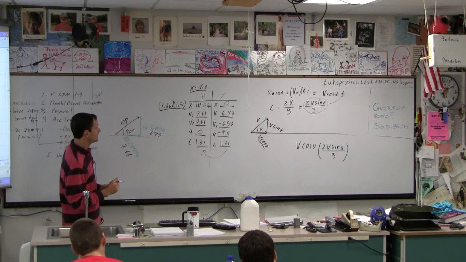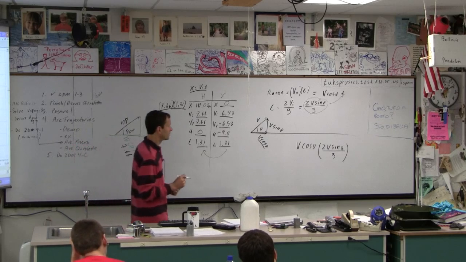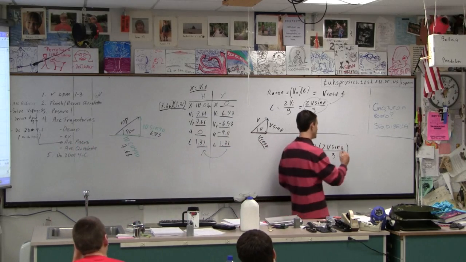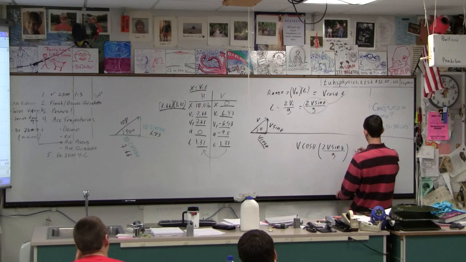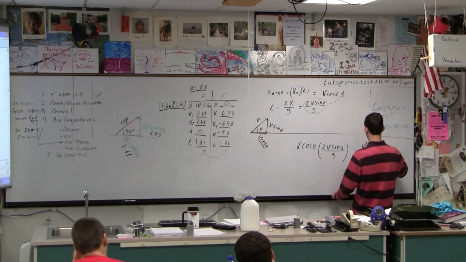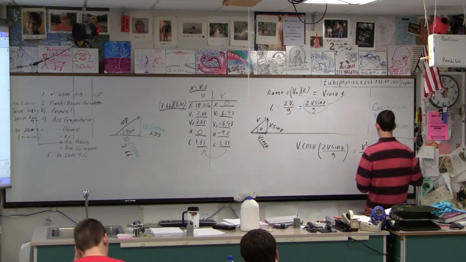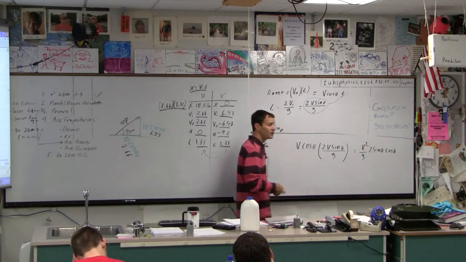So I can take the v times the v, and v times v is v squared, right? And so ultimately this becomes v squared over g times 2 sine theta cos theta. And that's our formula.